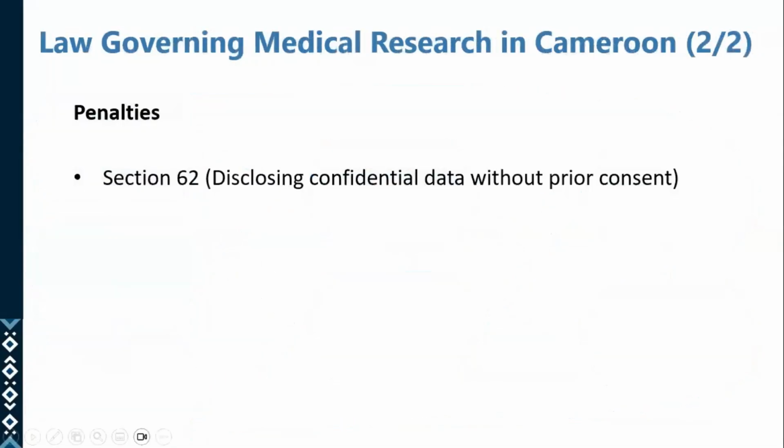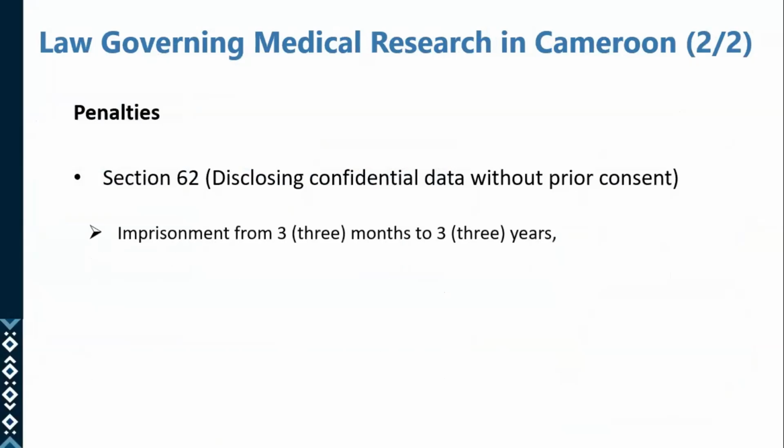But apart from that, there are some penalties, especially in section 62, for disclosing confidential data without prior consent. This issue of confidentiality is really important because no matter the law, it is always coming. Penalties on disclosure without prior consent from the person having the data. So the penalties, what are they?